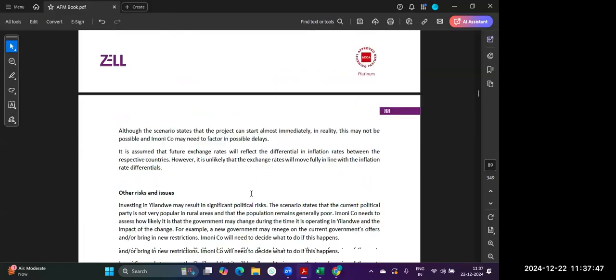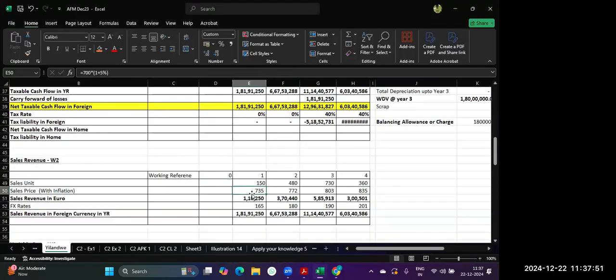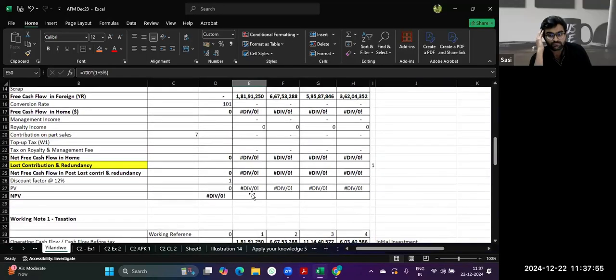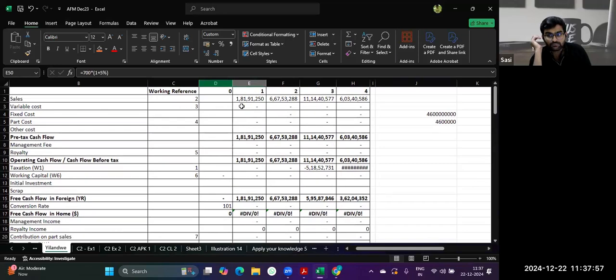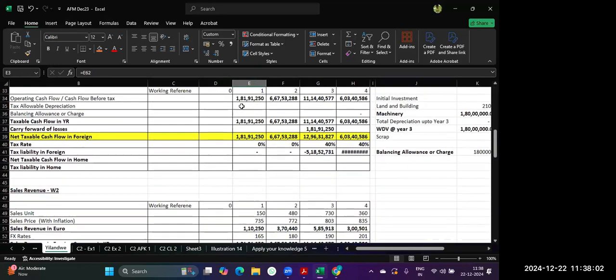Clear, everyone? Any doubts still? Everyone done the sales? Anything on the variable cost? What is the question saying on the variable cost?